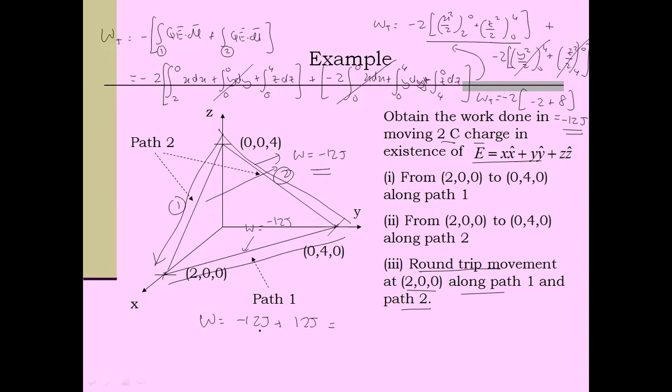The total work required for a round trip movement of a charge of 2 coulomb at 200 will be equal to 0 joule.